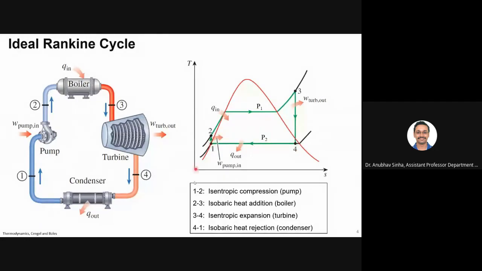Basically, you are doing heat rejection at constant pressure, isobaric heat rejection. So we'll follow a constant pressure line P2, which goes like this, and finally you are at your initial state, state 1. So this is your ideal Rankine cycle.